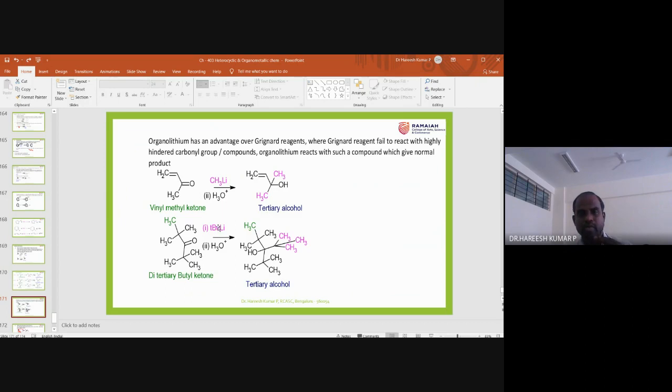So a tertiary butyl anion reacts with this carbonyl carbon, and the oxygen picks up a lithium, and on hydrolysis this gives an alcohol, a tertiary alcohol. This is about what happens when organolithium is treated with alpha beta unsaturated ketones and also hindered ketones. So I will go to the next slide.